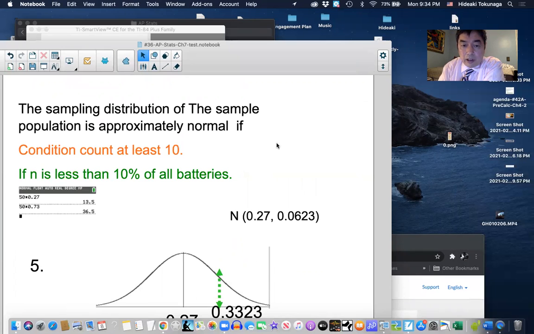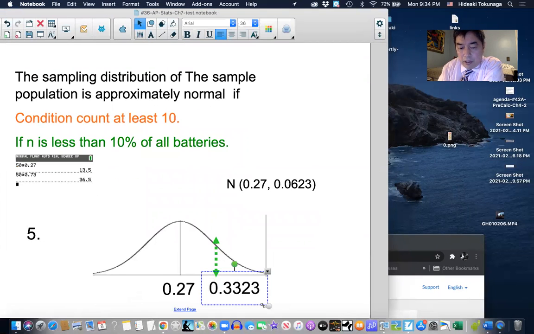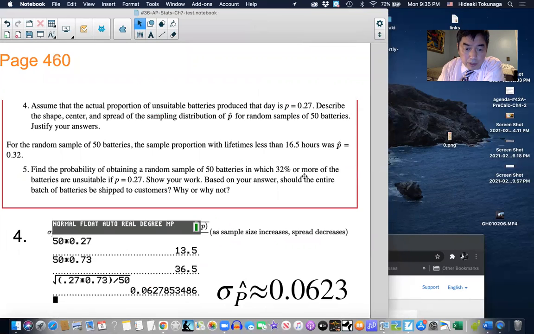What the cutoff line that they were talking about on question 5 was 32%. Find the probability of obtaining a random sample of 50 batteries in which 32% or more of the batteries are unsuitable.